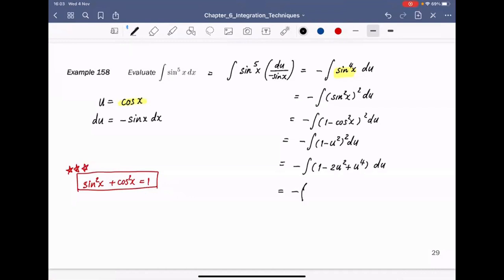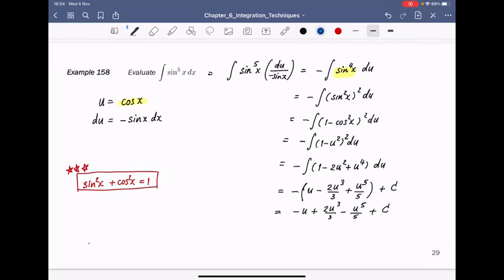So integrate 1, you get u, integrate that, so get 2u cubed over 3, and then plus u to the 5th power over 5 plus c. To sum up, let's clear out the parenthesis first. So it's going to be negative u plus 2u cubed over 3 and then minus u to the 5th power over 5 plus c.